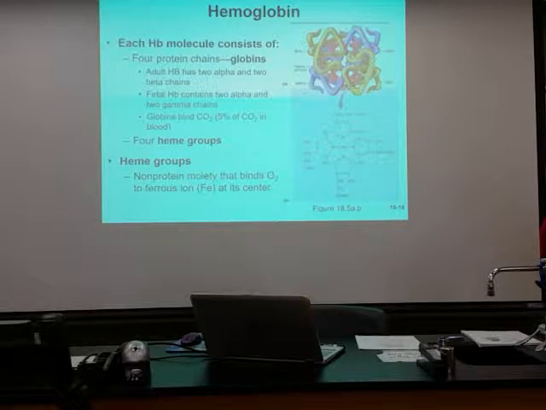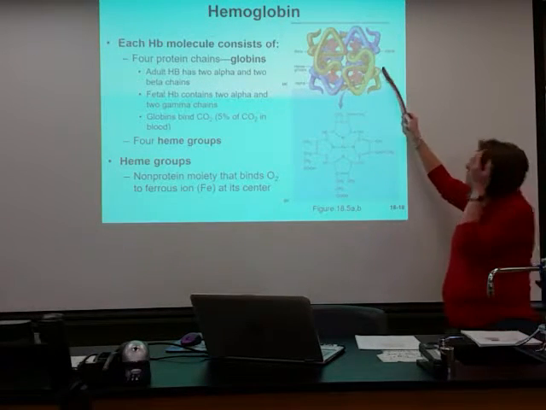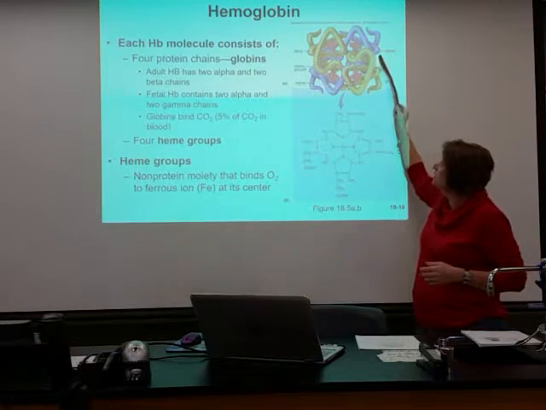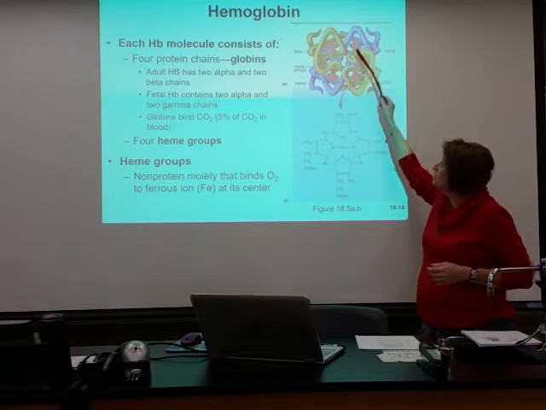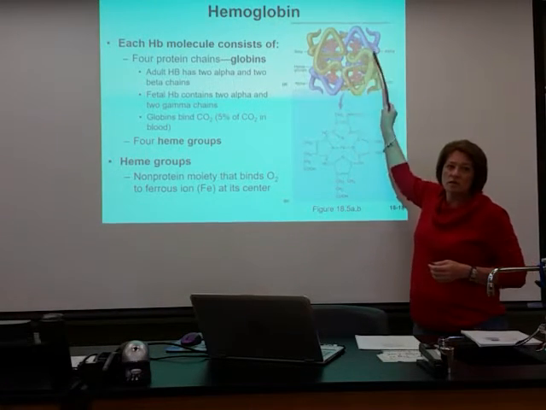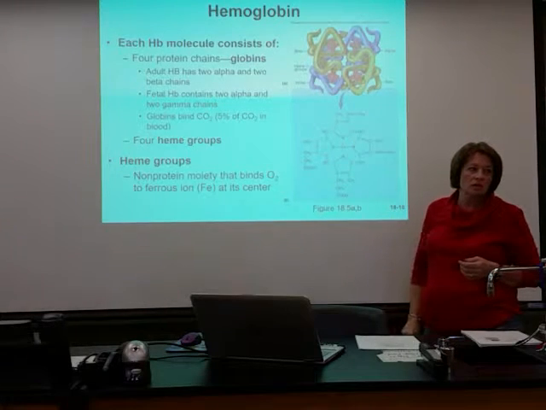They're opposite. All right? Now, in the middle, they refer to this as a globin. This purple is the globin, this gold is a globin, this purple is a globin. So 1, 2, 3, 4 globins.